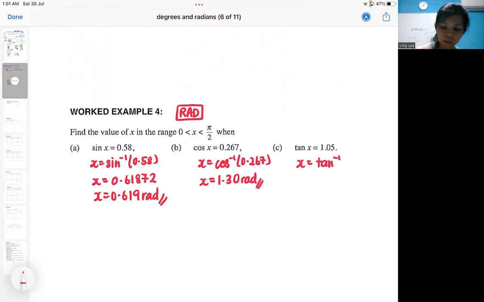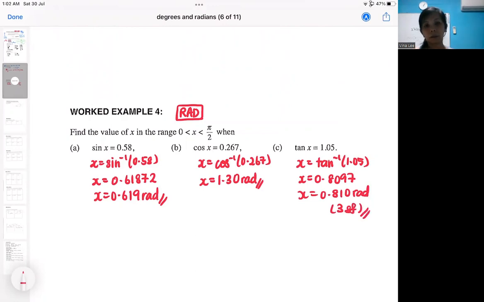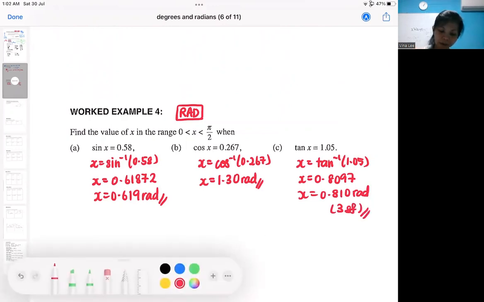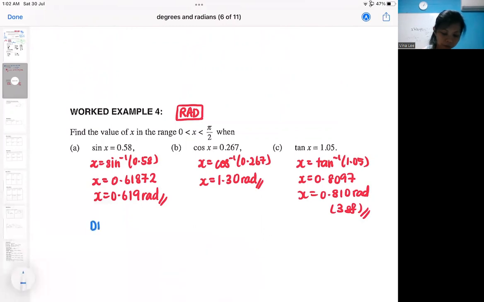So this is not new to you. All of you know how to press. It's just that if you are doing it in radian mode, the angles that you are getting will be in radian. And radian is 3SF. If you want your answer in degree, obviously you just punch it in degree mode.